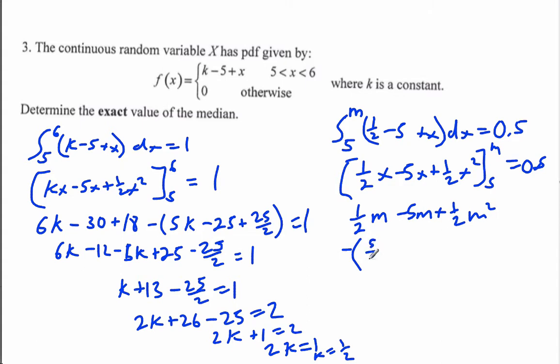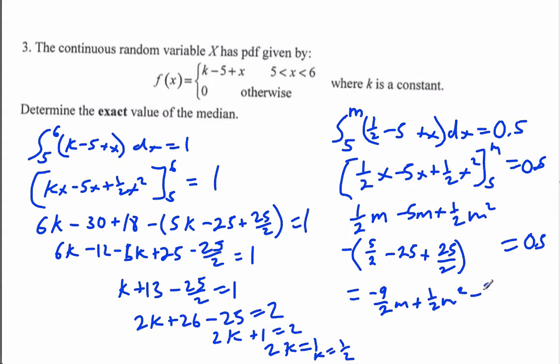We've got 5 over 2 minus 25 plus 25 over 2 equals 0.5. And there we're going to get negative 9 over 2m plus half m squared minus 5 over 2 plus 25 minus 25 over 2.